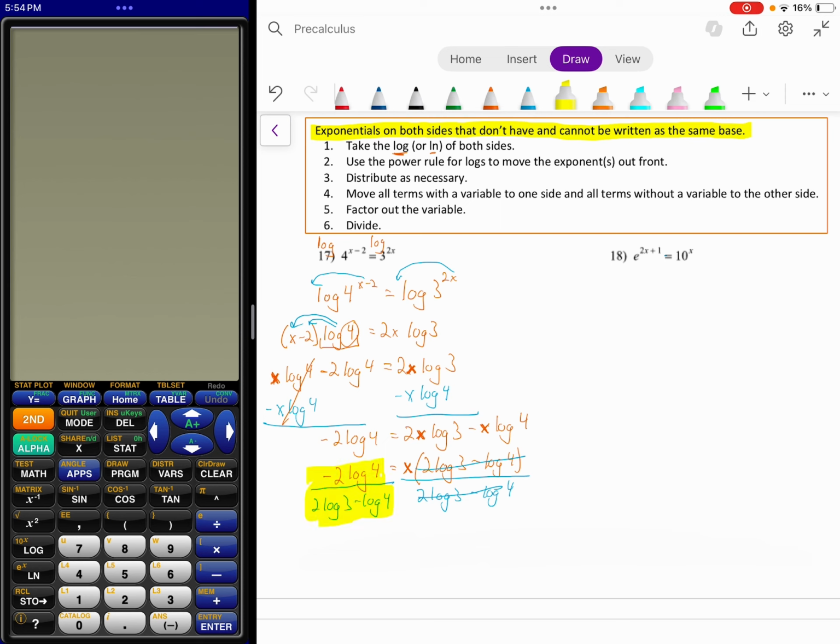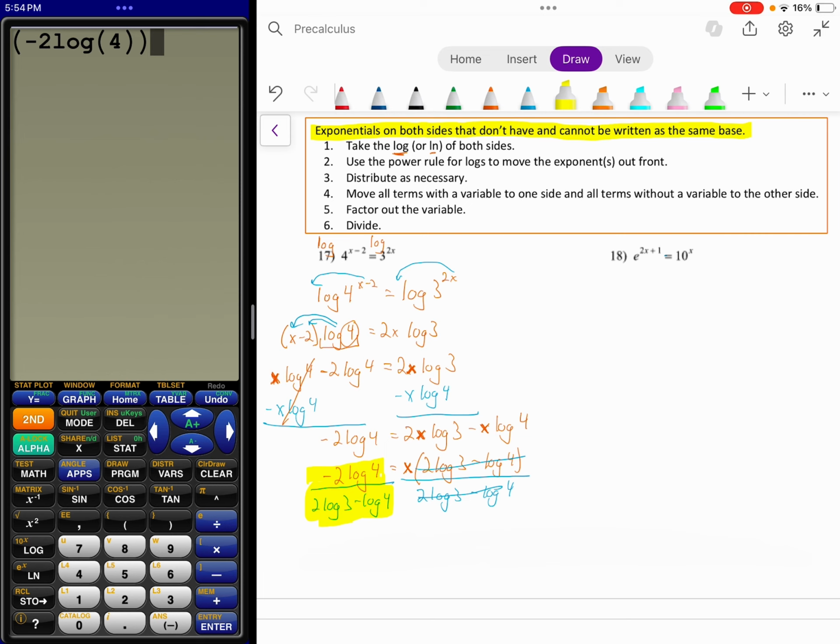Just be careful with this. It's division. So just for practice's sake, if you know your calculator, I'm doing a little bit too much, but this is going to be division. So I'm going to put parentheses, and then what's in the numerator: negative 2 log of 4. I'm going to end the parentheses for the 4, and then end the parentheses for the numerator.